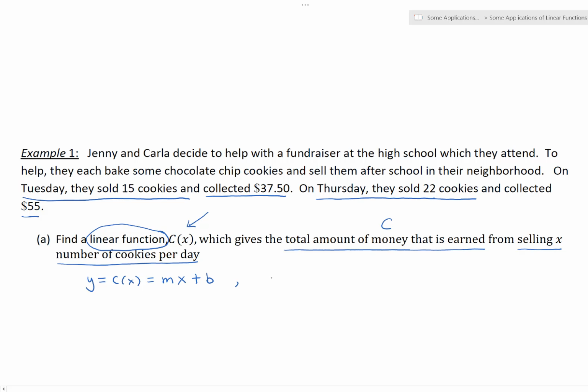And recall, m is the slope, and it is the change in the output direction over the change in the input direction. Now our outputs, we're calling them y's, but it's also the amount of money that they earned on that particular day. Notice that in the information given in the problem, we have two ordered pairs.